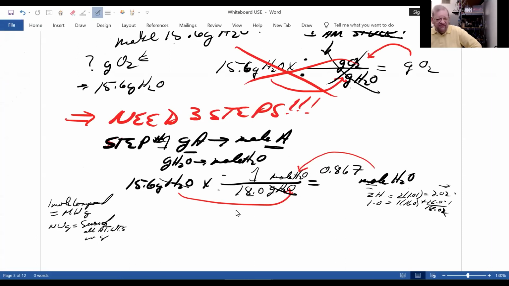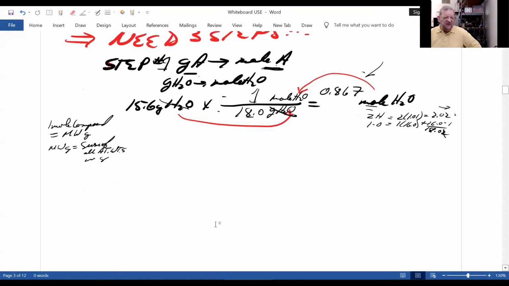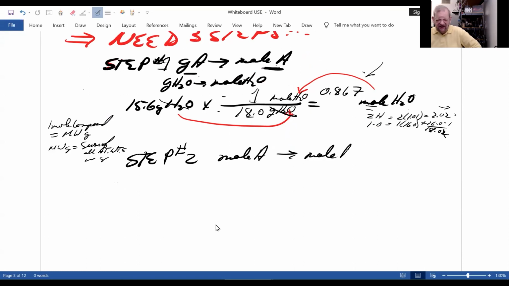So step one, we've converted grams of A to moles of A. And we have this number, which is not what we're trying to get to. So what do we need to do? Next, we need to do step number 2: moles of A to moles of the answer we're trying to get.